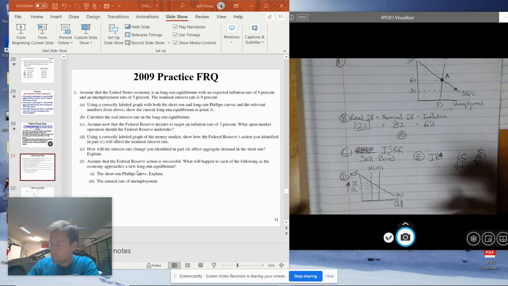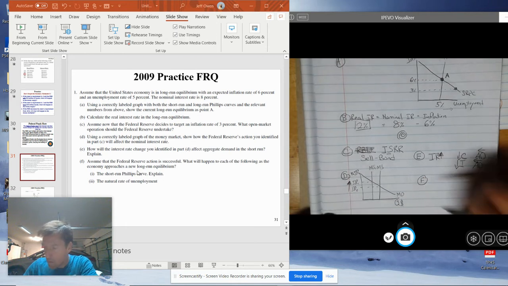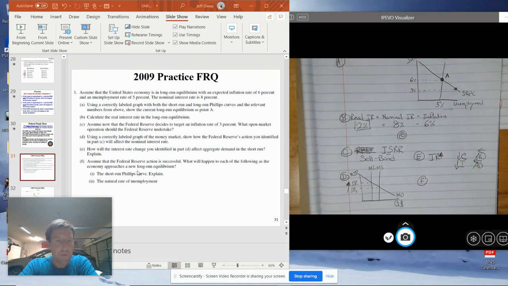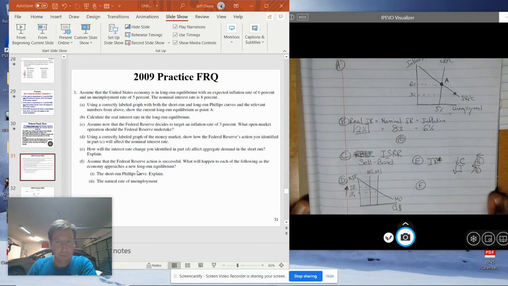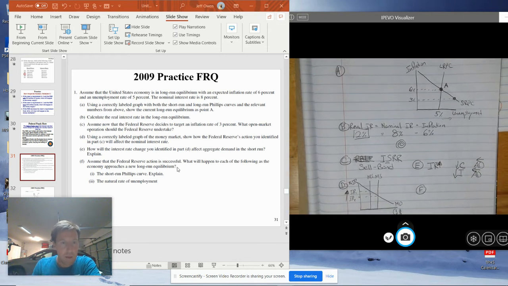Okay, F. Assume the Federal Reserve action is successful. What will happen to each of the following as the economy approaches a new long-run equilibrium? All right, so this is going to be a long-run problem, and this is a tough one because we have to think about the long run.